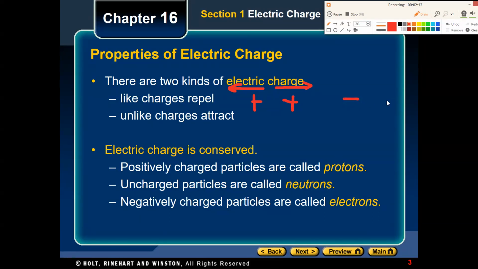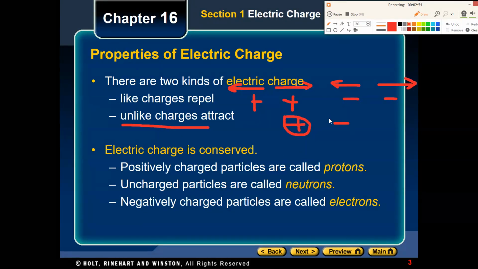This is true for positive charge interaction and negative charge interaction, and different charges attract each other. So positive and negative charge are going to attract each other. There are forces involved between the charges, the interaction.